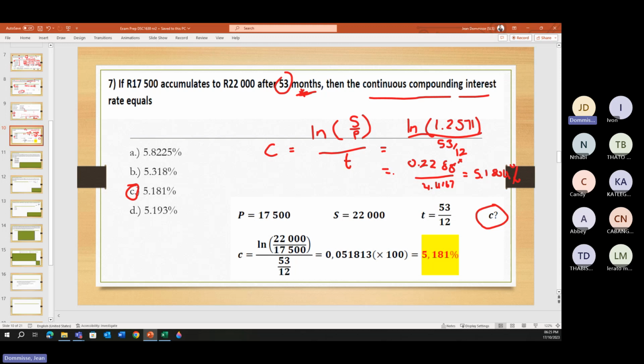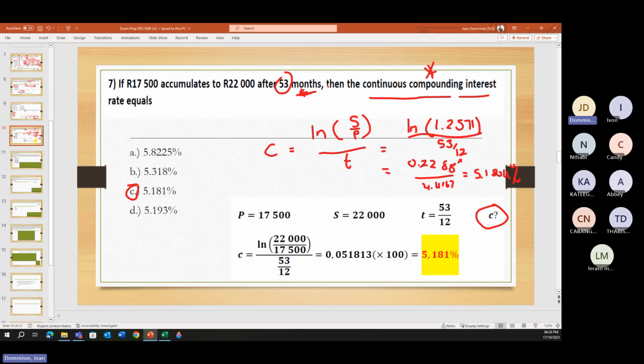So again, with this, unless you know of specific formulas on your HP or Sharp, we need to go through the process in this formula. It's not just that we can say future value, present value, a time period, and then get an interest rate, because again, what we are calculating is a continuous compounding interest rate.